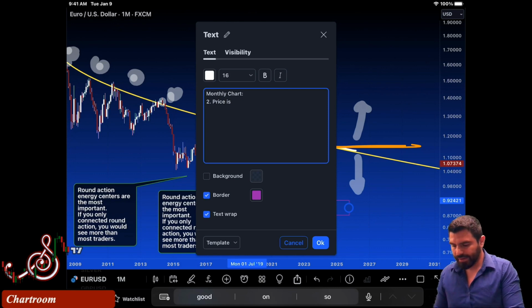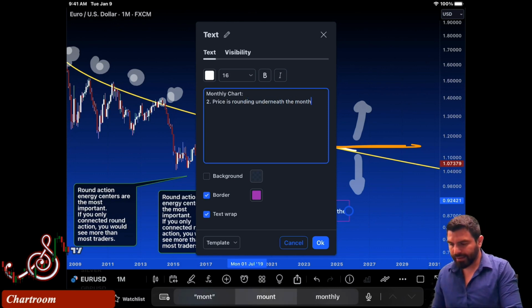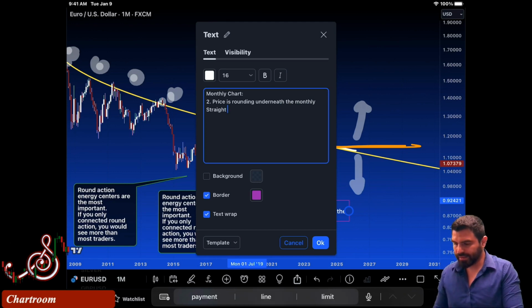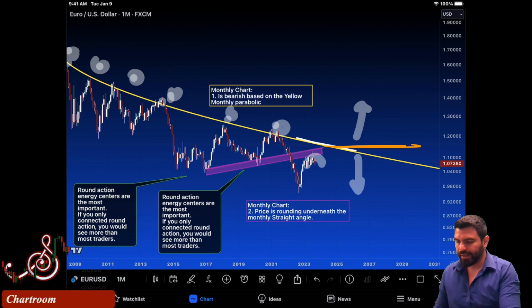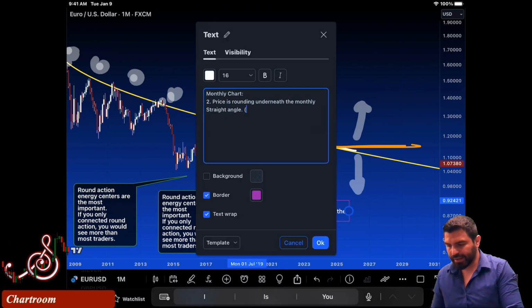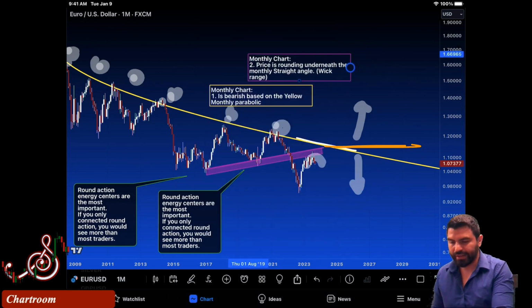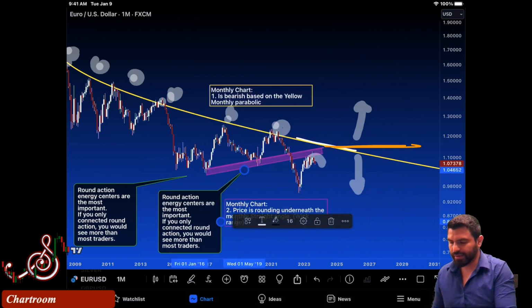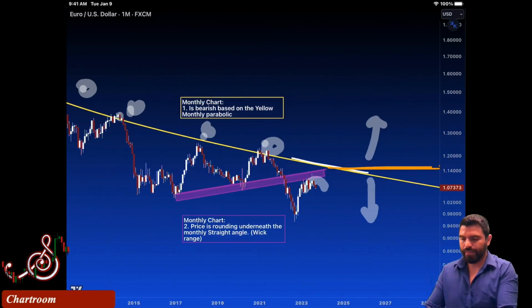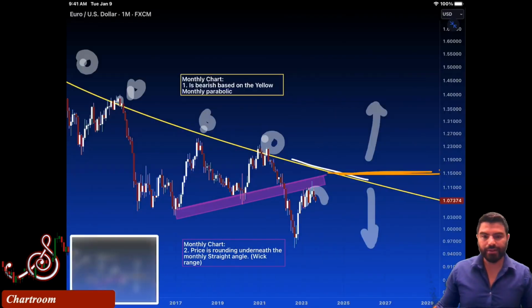Price is rounding underneath the monthly straight angle. It's just a straight angle, just straight. And I can put this as, and I'm gonna put wick range. Okay, if you guys want to be specific. So now we have 2 reasons here. Okay, great. Is there anything else?